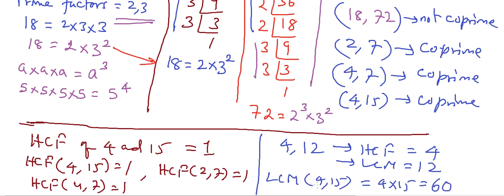Similarly, LCM of 4 and 7 is 4 into 7, which is 28, and LCM of 2 and 7 is 2 into 7, which is 14, because they are co-prime numbers. So if the two numbers are co-prime, or one of the numbers is a multiple or a factor of the other, then it's easy to find HCF and LCM. You can use this method.